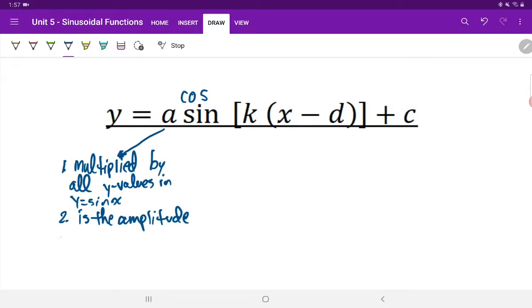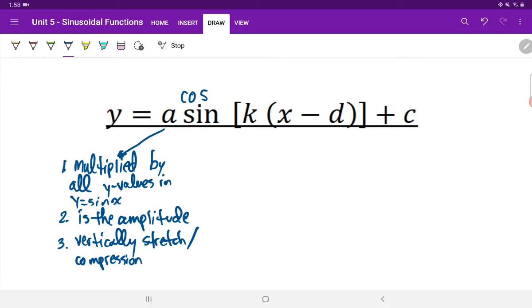Okay, and then lastly, the proper mathematical term for what that A value is doing to our function is it is a vertical stretch slash compression. Depending on the A value, if it's greater than 1, it's a vertical stretch.